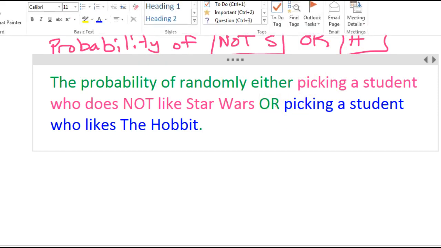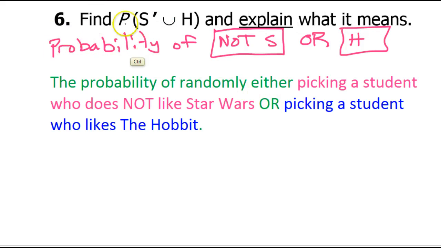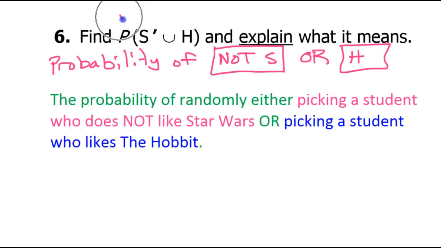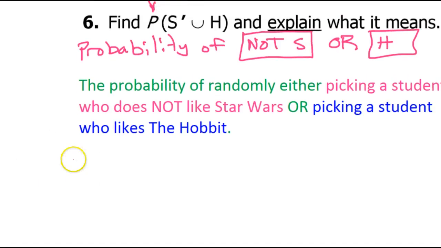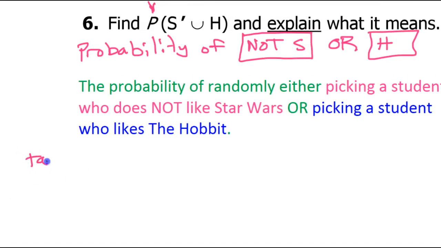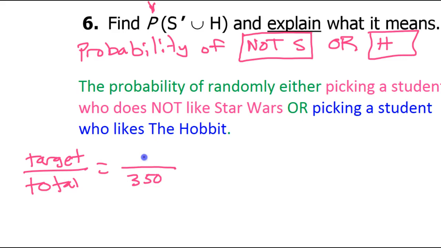Now how do we actually calculate that? First of all, as soon as you see the word probability, or as soon as you see this little P right here, you should be thinking, this is going to be target over total. And by now it should be clear that the total is the 350, because that's the total number of students who were surveyed.